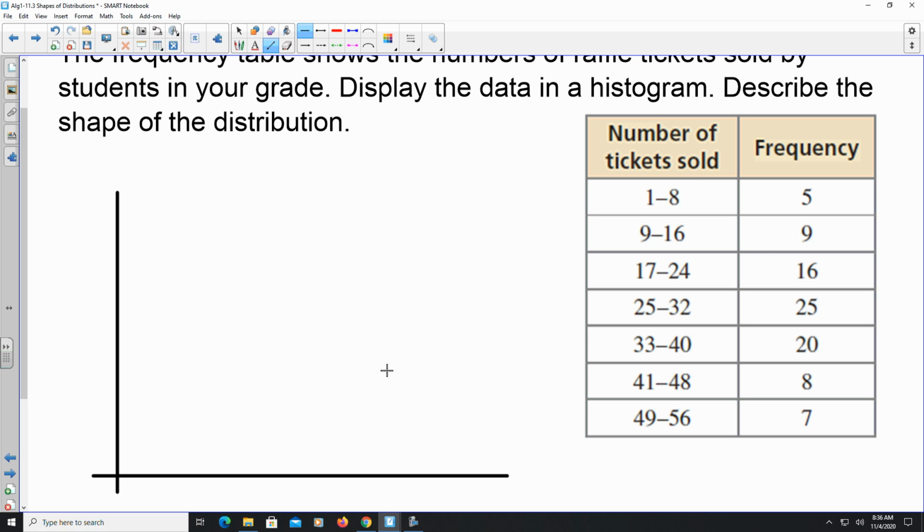My largest frequency number is 25, so I'll try to make these in increments of 5: 5, 10, 15, 20, and 25. I did the best I could to fit these in.